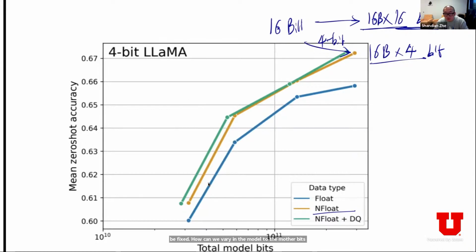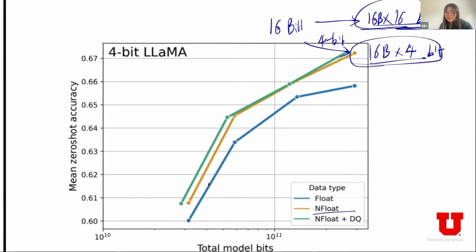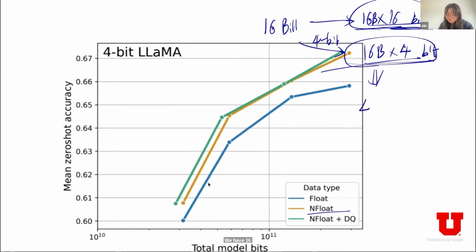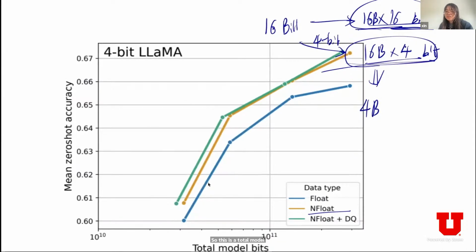But what does total model bits mean? Is it the first one or the second one? This is the original model, the memory cost of the original model. This is the quantized model, and it will compare with a model of 4 billion parameters.